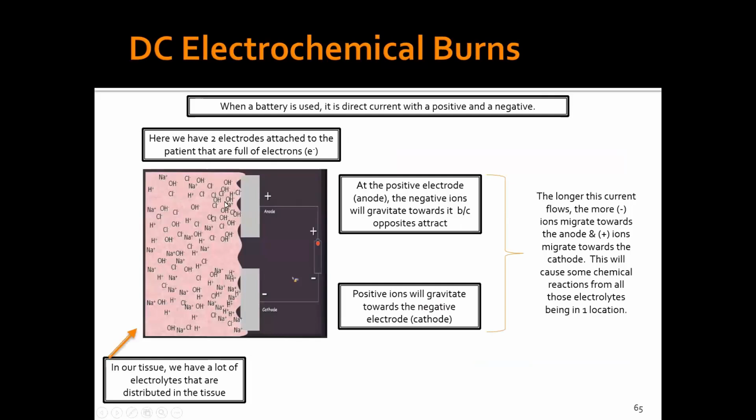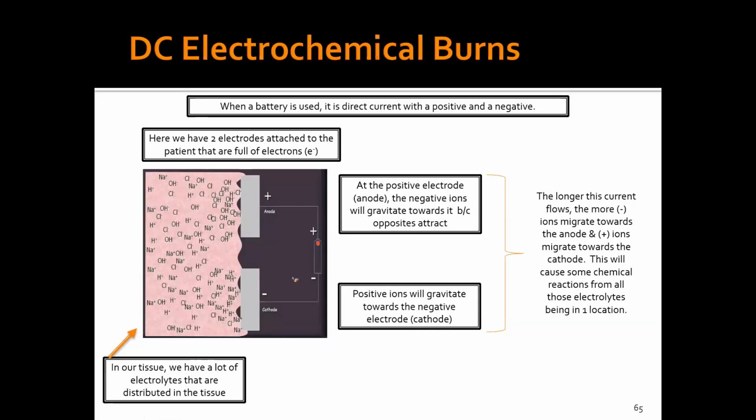As these positive and negative charges are placed on the skin, the electrolytes are going to start getting attracted to the battery. Negative electrolytes go towards the positive, and positive electrolytes go towards the negative. The longer these are on here and the more the electrolyte buildup, the more serious and severe the chemical burn can be. That's essentially what happens: this pooling of your body's electrolytes can cause a chemical burn in the skin.